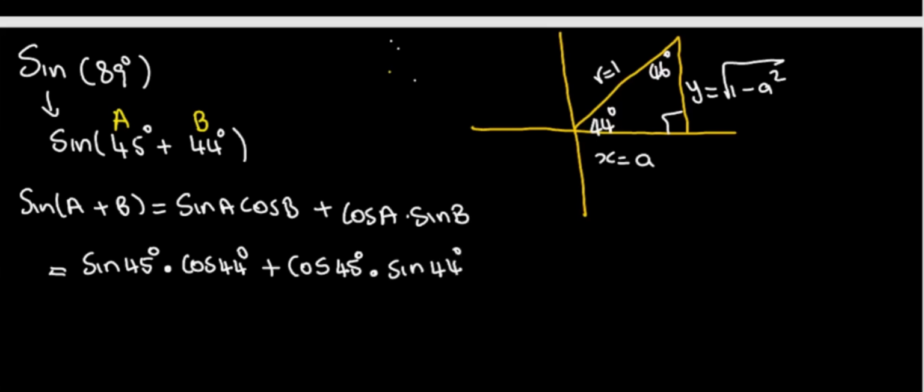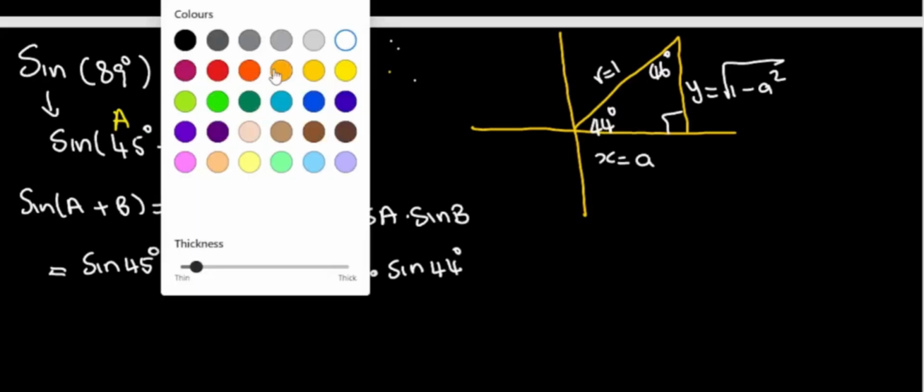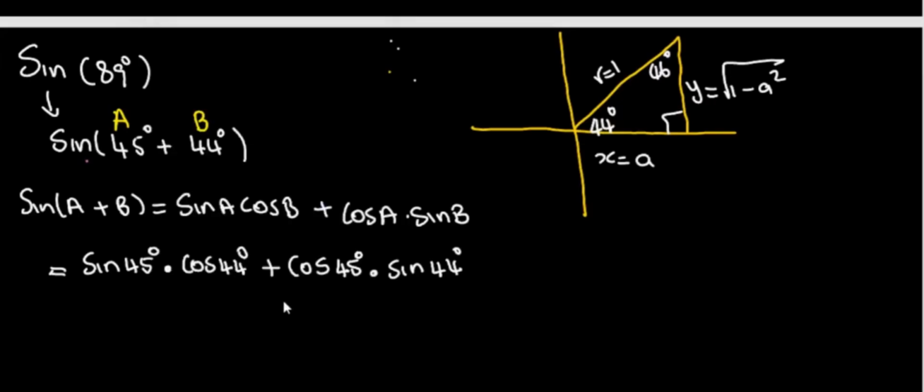Now the 45 is a special angle, so we can use the calculator for that. But the cos 44 and the sine 44 we're going to get by referring to the diagram.